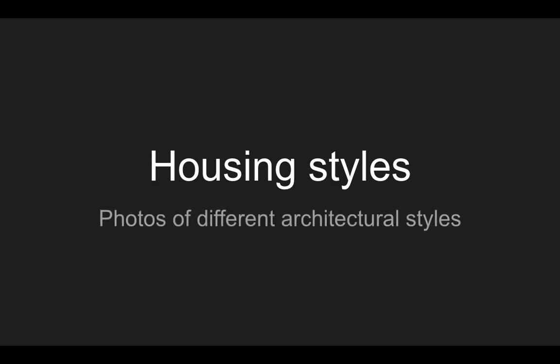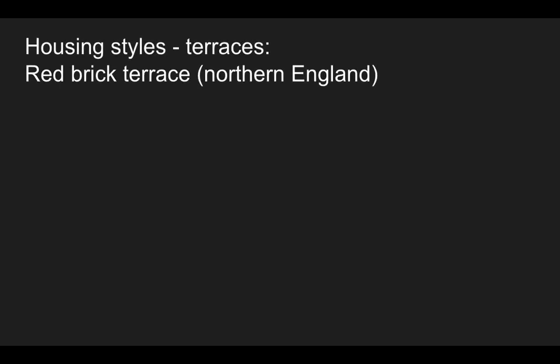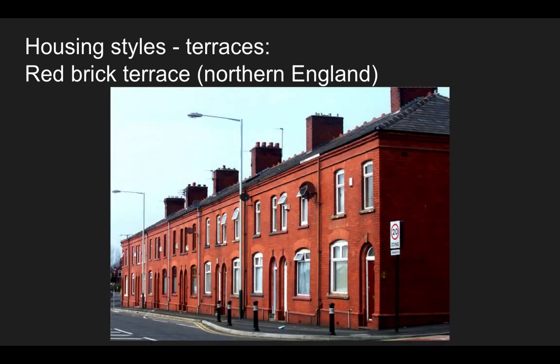So let's look at some different styles now in terms of architecture. The styles, we've mentioned some of the types of houses. So for example, terrace houses have different styles. You might see red brick terrace houses, especially in the north of England. So here these are the bricks, the individual pieces.